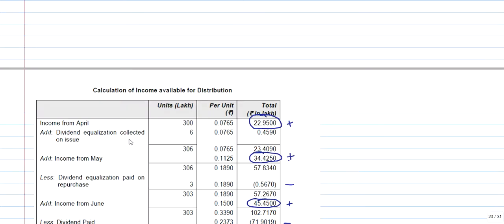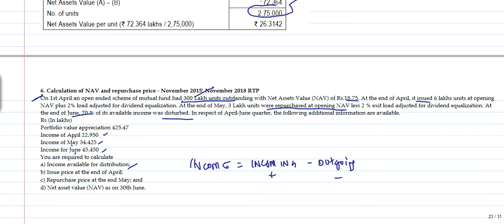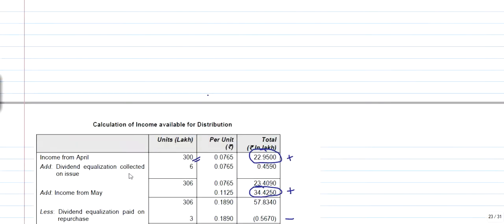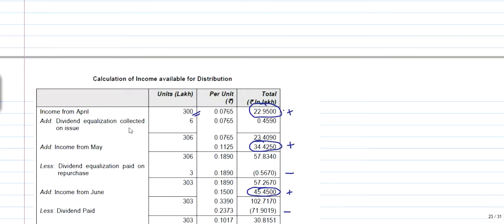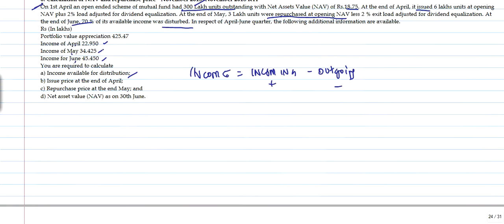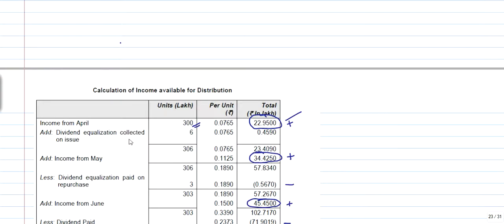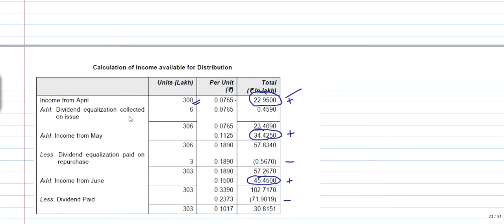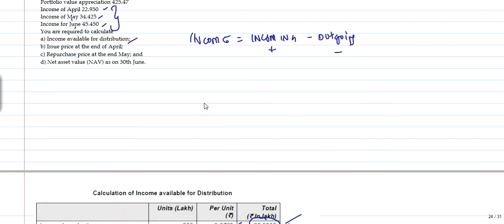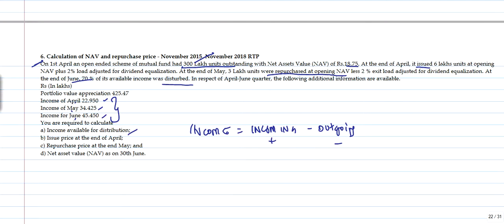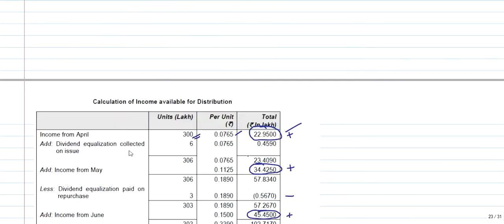each and everything. So first thing, income from April. We know units are given as 300 lakhs in the first sentence itself. 300 lakh units are outstanding at the beginning. So we received 22.95 as the question gives here. So 22.95 divided by 300 lakh, we will get income per unit. Then the next sentence says 6 lakh units are issued at opening NAV.